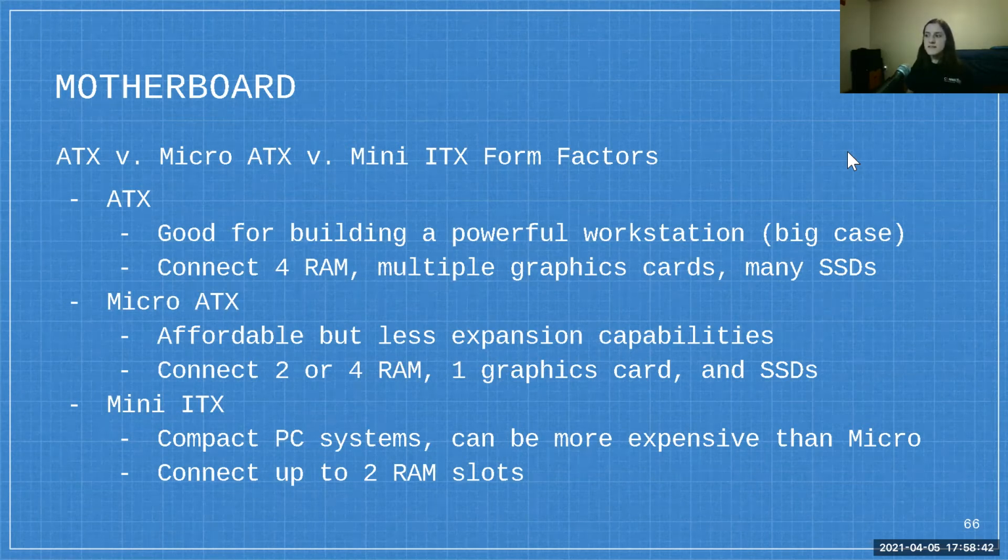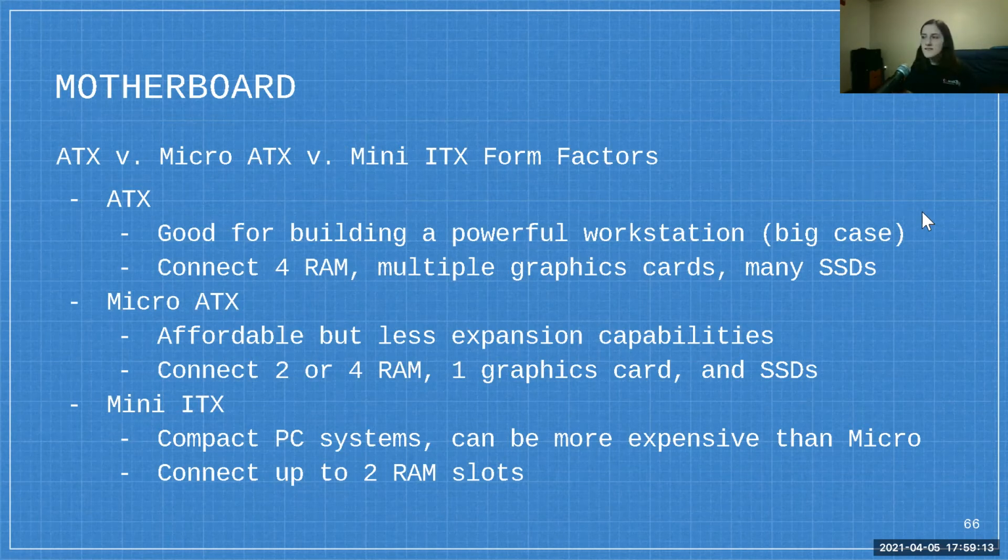A micro ATX is going to be your more affordable option, but it does offer less in terms of expansion, because depending on the micro ATX, you can connect either 2 or 4 RAM, 1 graphics card, and then SSDs. And then the mini ITX is meant for compact PC systems. In some cases, it can be more expensive than micro. You can connect up to 2 RAM slots, but this is really awesome for systems that you want to be compact in size and have one very specific purpose.